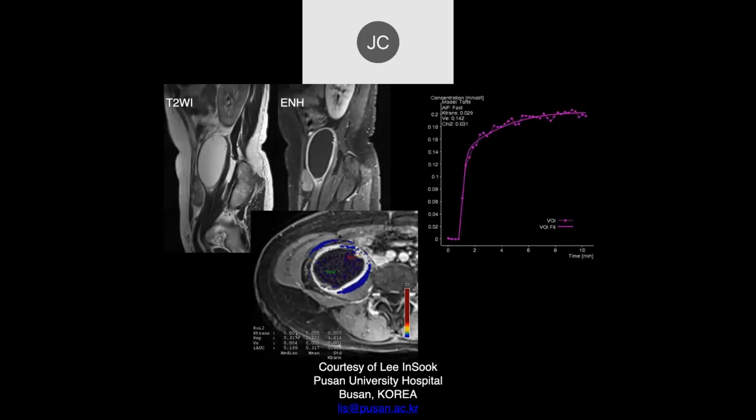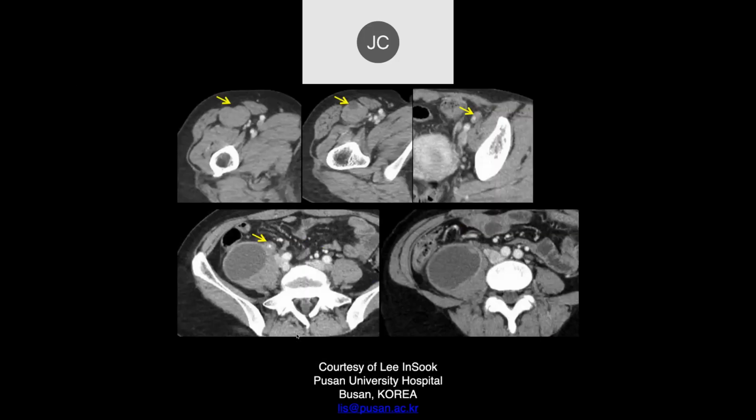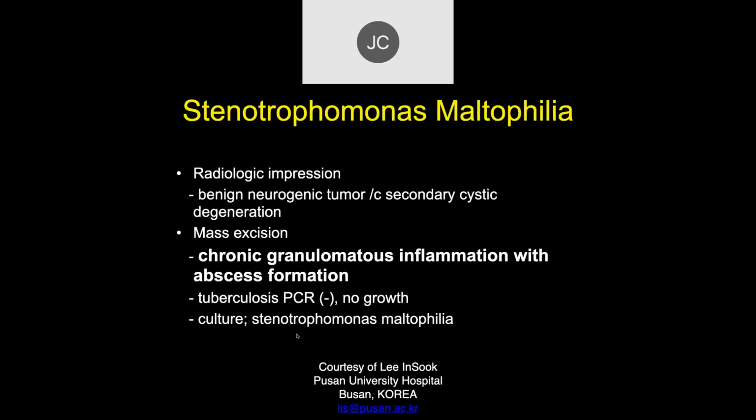Psoas abscess. Yeah, that's what I was going to say. This is an abscess formation from an unusual organism, at least for the United States. This was a Korean case.